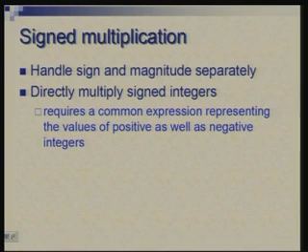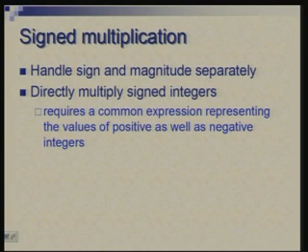So we have to devise a method which can directly multiply signed numbers, and what that requires is a common expression representing the values of positive as well as negative integers.